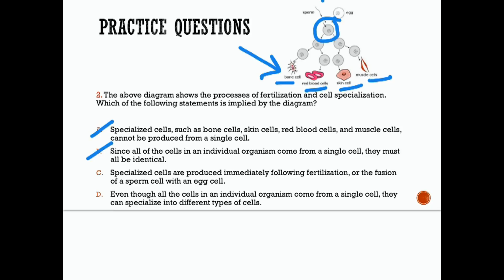So up top, you've got the sperm and the egg in fertilization, and then you've got all these extra steps here before they can become this specialized cell. Okay, so it's not immediate, so we can cross off C. All right, so let's look at D. Even though all cells in an individual organism come from a single cell, they can specialize into different types of cells. Ding, ding, ding. So D would be the answer.